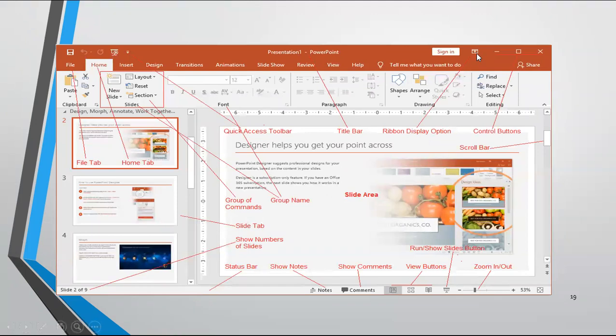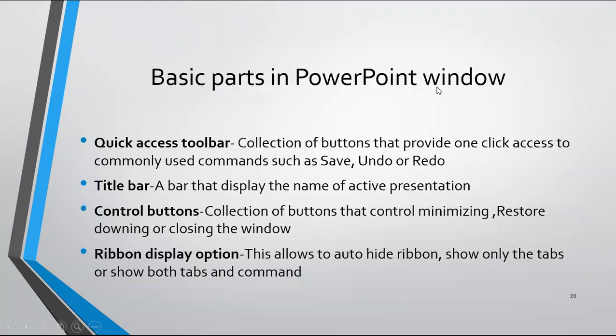This button, the ribbon display options, once you click on this button you can see different options, right? Now I cannot click on that button because I am in the presentation mode, right? So I can't see those buttons and other things. That is about the ribbon display options.